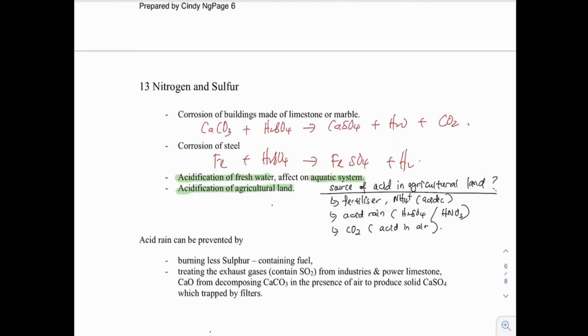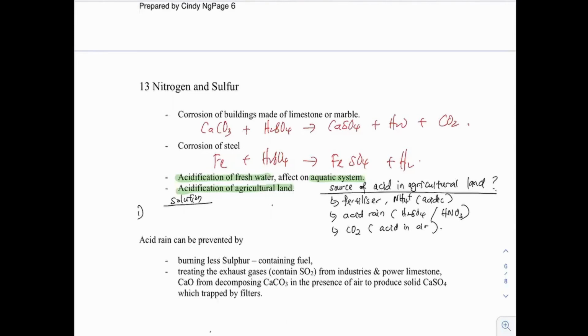So how do you solve this acid problem of the agricultural land? We can spread lime. But we can't spread it in one go. There are two types of lime. We have to observe the environment of the agricultural land.